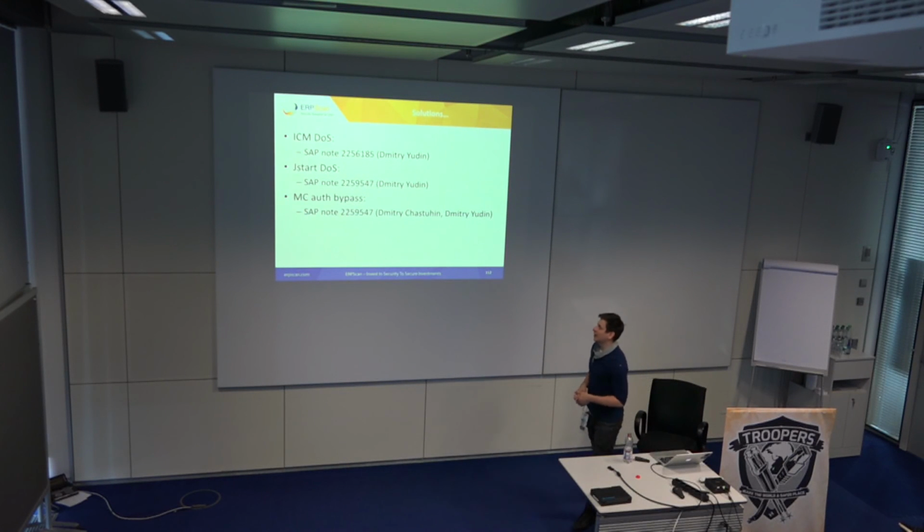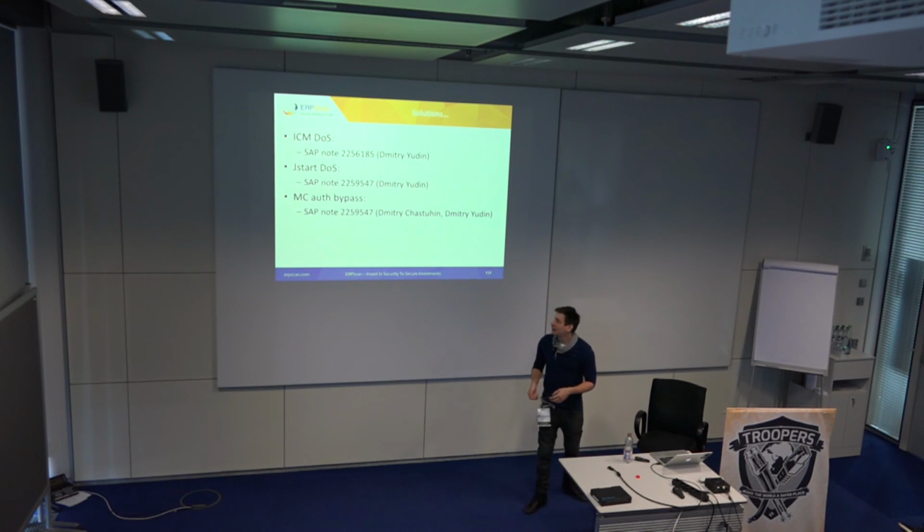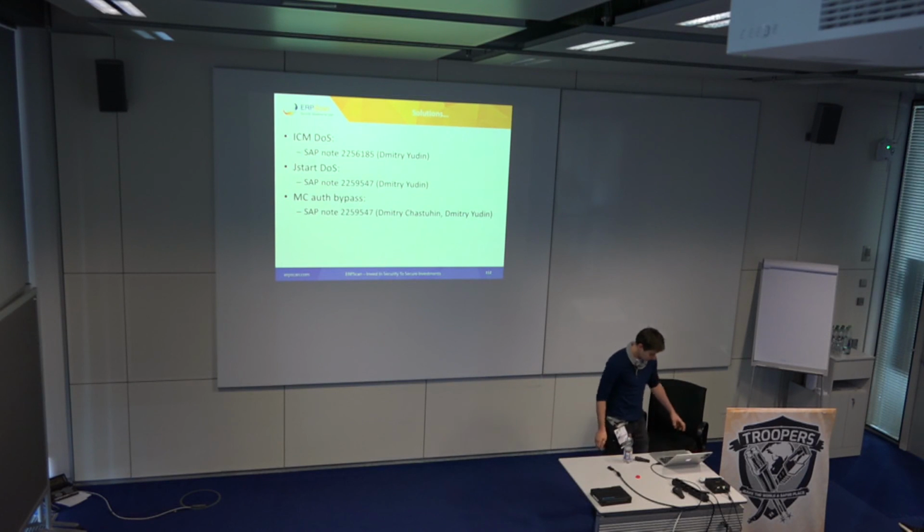Finally, on the slide you can see solutions. SAP released a few notes, which they released maybe a few days ago. These notes close the denial of service vulnerabilities and probably the authentication bypass. Maybe we should try to check how they did it.